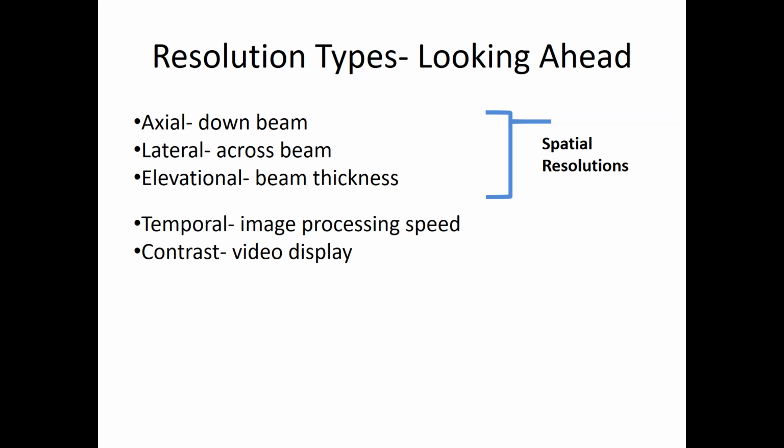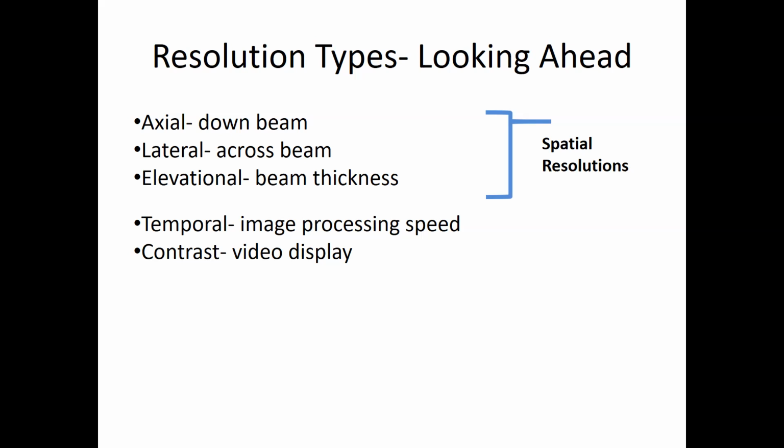Now, looking way down ahead, we also have temporal resolution. So how fast my machine can make our images. Remember how we wanted to have 1 or 2 focal zones for deep scanning versus having a whole bunch? If I have a whole bunch, my machine has to process all of those separately. Or when your color box is too large, it has to image those separately and then make the image out of them. So our temporal resolution is basically like a flip book. How fast can we make these images?